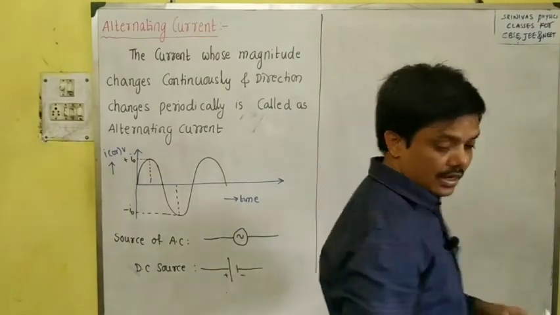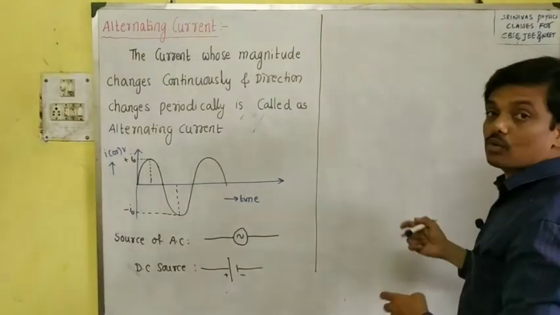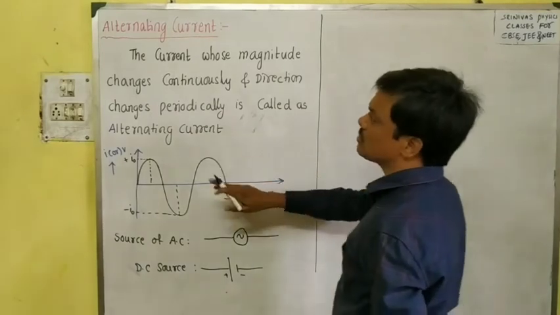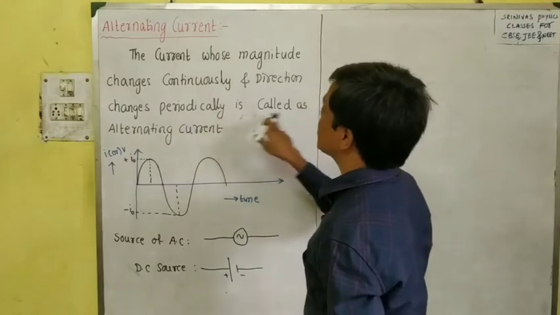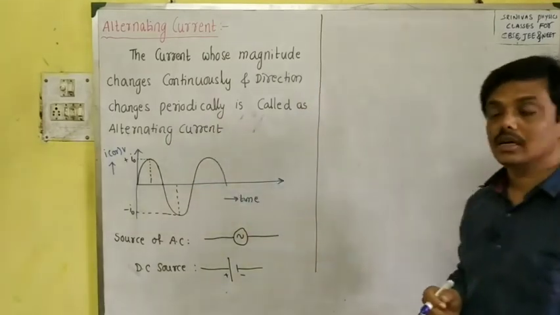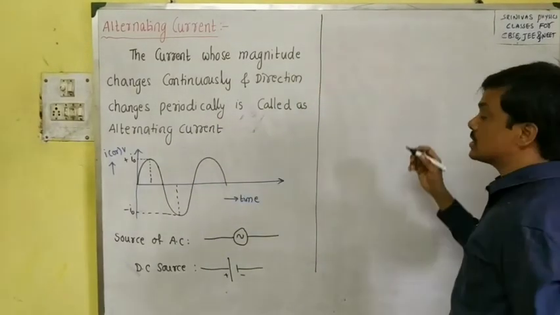What is the voltage of an AC source? AC voltage means the voltage whose magnitude changes continuously and direction changes periodically. In our households we are using AC voltage.